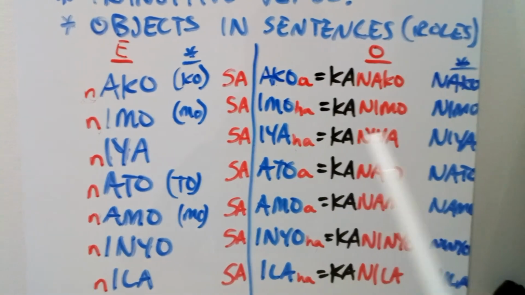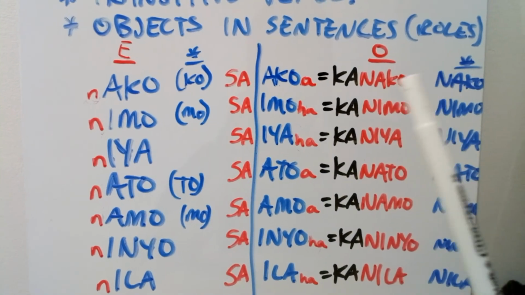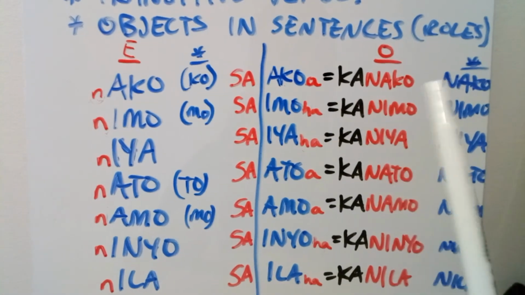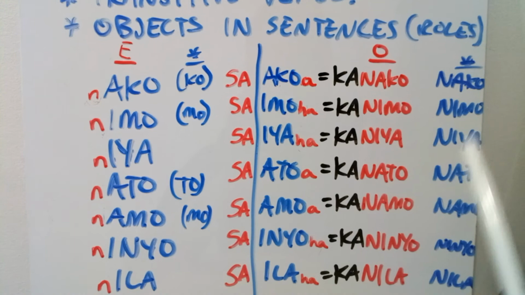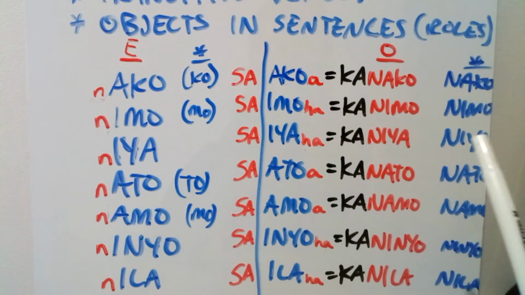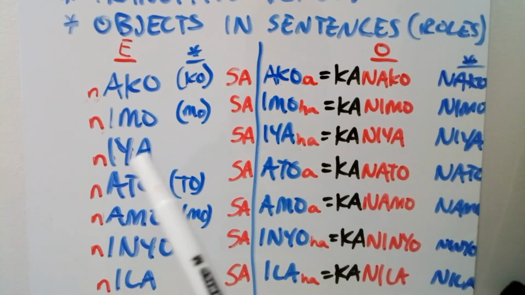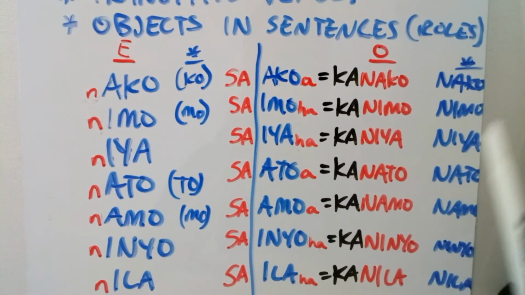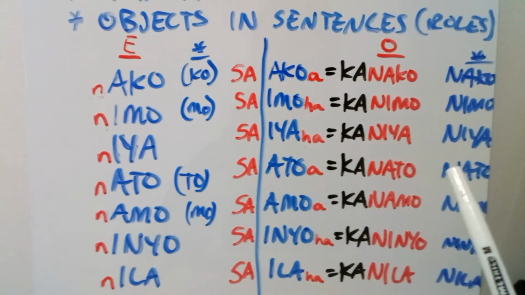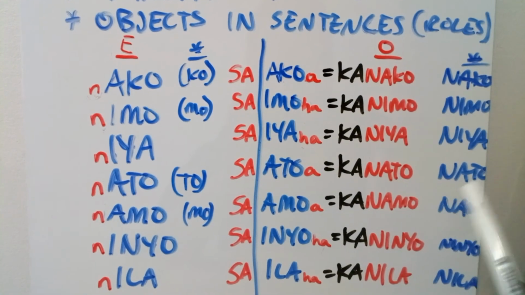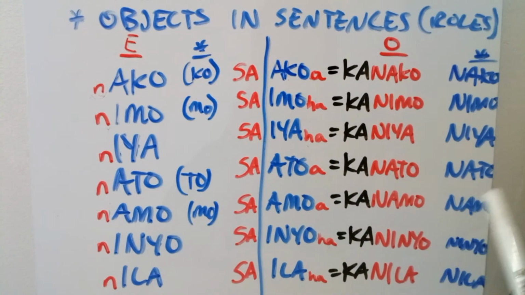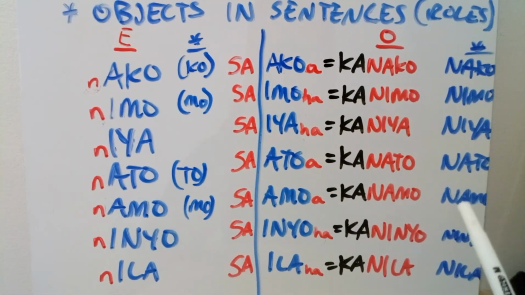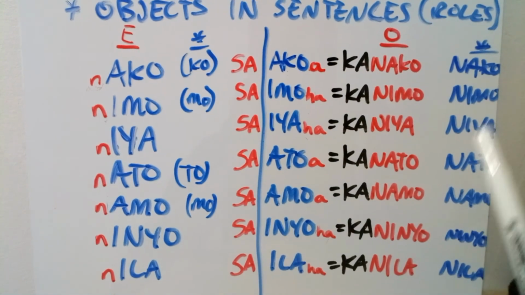But in the oblique, the shortened forms, whether it's sa ako a or kanako or whatever, are going to be the same as the ergative forms: nako, nimo, niya, nato. This is why it's going to be confusing, and this is why I would shy away from using the shortened oblique forms until you become more comfortable, fluent and proficient in mastering the ergative and the oblique forms. Then you can start using the shortened forms for the oblique case.